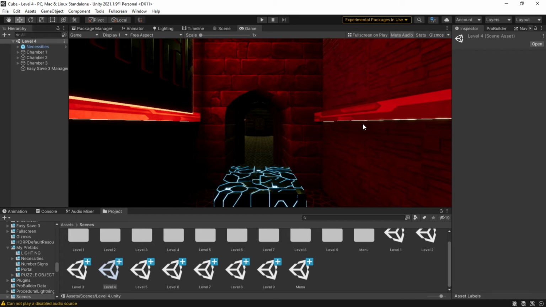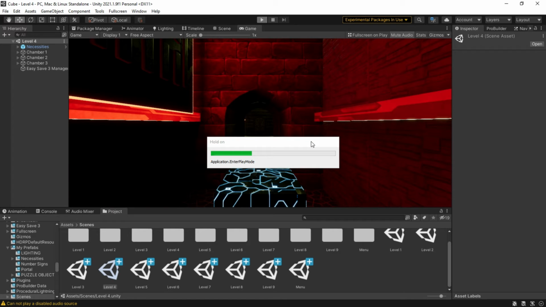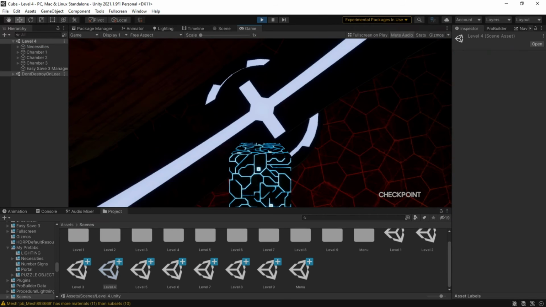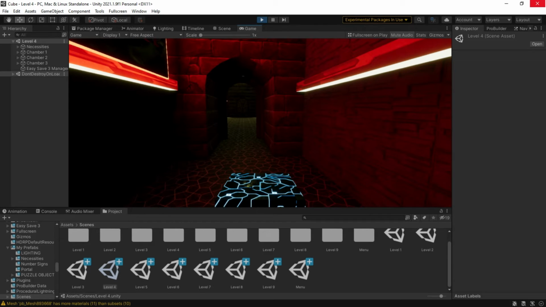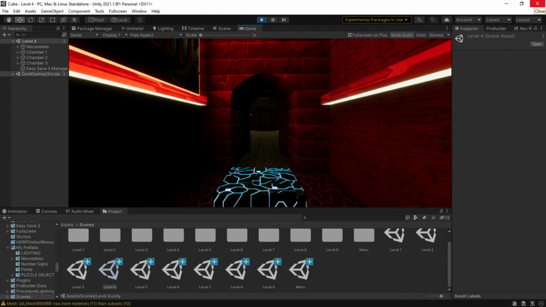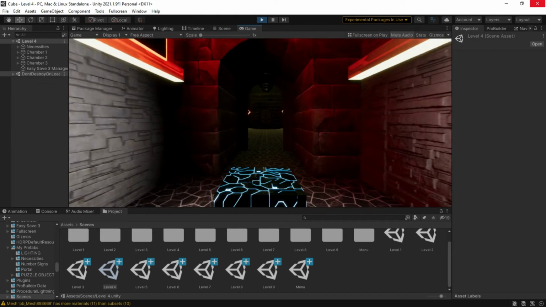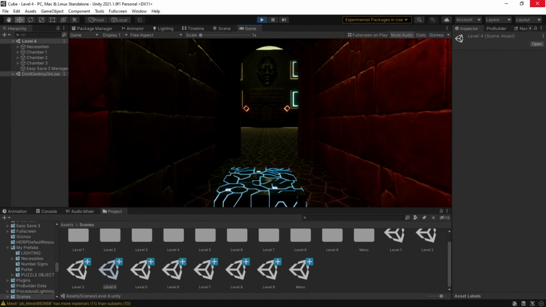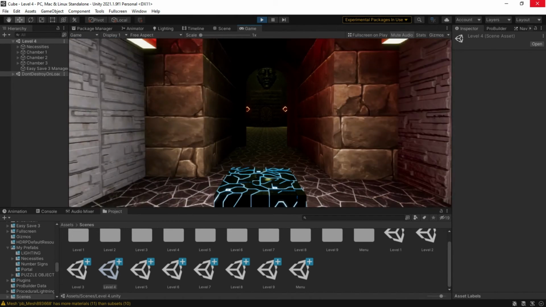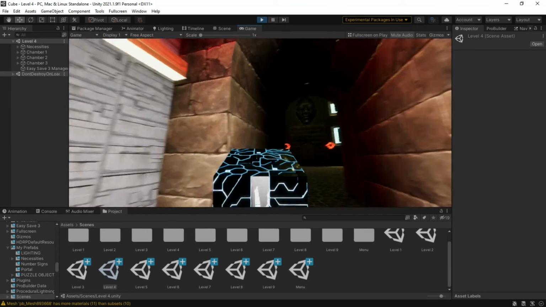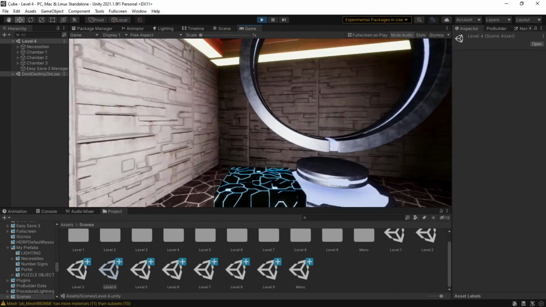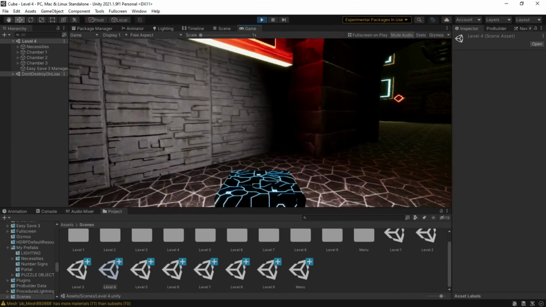Okay, I'll admit that this one isn't really fixed very well. The next one is brightness, and I'm running HDRP, the high definition render pipeline, and I cannot figure out how to do brightness in this. So I came up with a half measure, which is a light that you can turn on and off using the Q button, so that if you feel it's too dark, you can light it up and see what's going on around you.